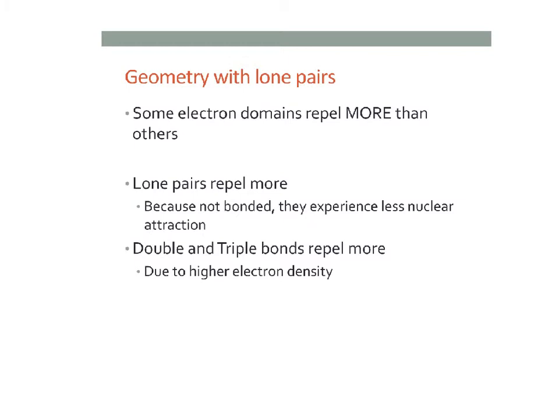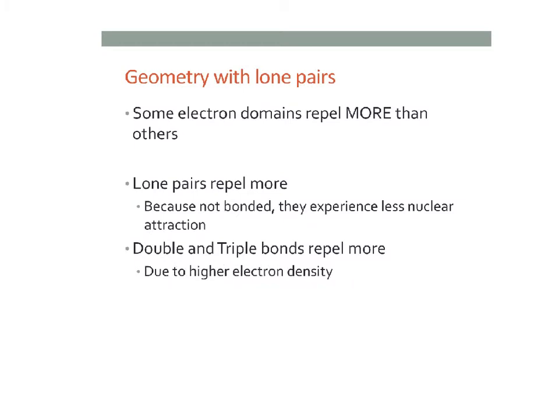If there are lone pairs of electrons on the central atom, basically what that means is lone pairs are going to repel more. Why? Because these pairs of electrons are not bonded, meaning they're going to experience less nuclear attraction. So what does that mean for us? That basically means the bond angles are not going to be ideal. They're actually going to be slightly off from what we would consider ideal. And I'll go through that in a second.